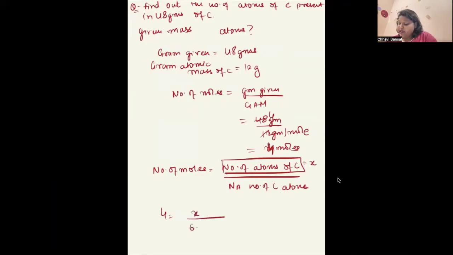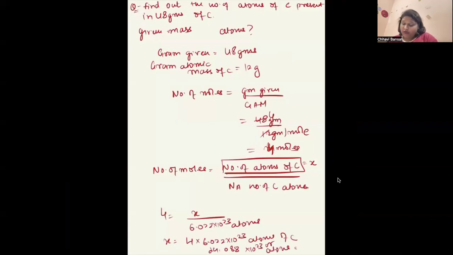X divided by 6.022 into 10 raised to 23 atoms. So X is equal to 4 multiplied by 6.022 into 10 raised to 23 atoms of carbon. If we do the multiplication, 6 4s are 24. 24 into 10 raised to 23 atoms of carbon.